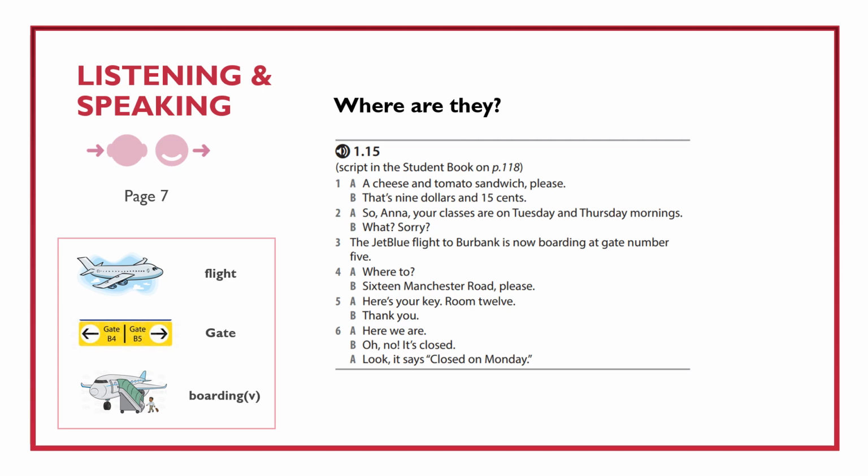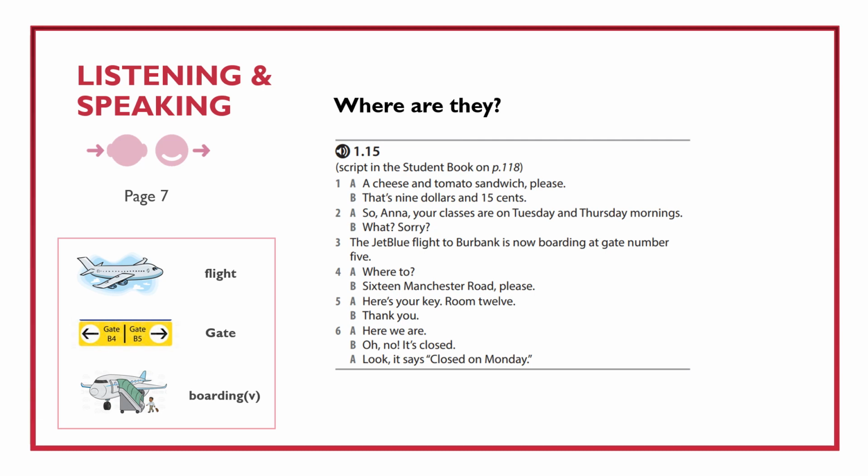Number 3, the JetBlue flight to Burbank is now boarding at gate number 5. Okay, so they're talking about a flight. That means a trip with the airplane. And then we have a destination where the person is going or the people are going to Burbank.